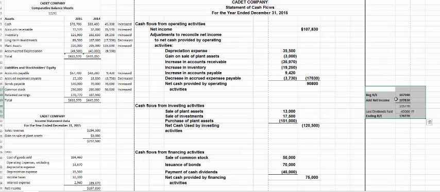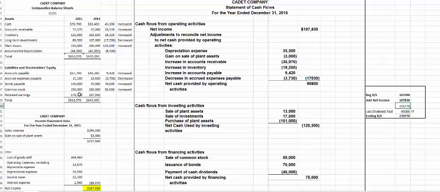We would have generated net income during 2015, which is coming from right here, the 107,830. And we would add those two together to get a number. And then from there, we would subtract any dividends declared and paid. So 215,770 minus something would equal our ending retained earnings.